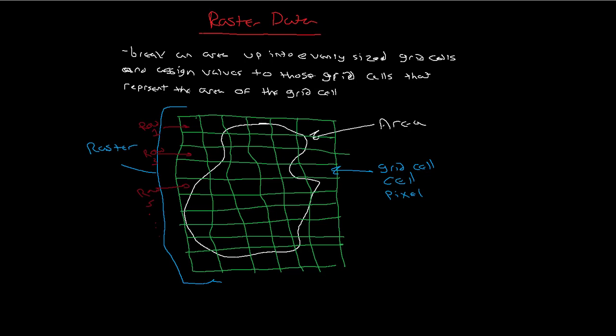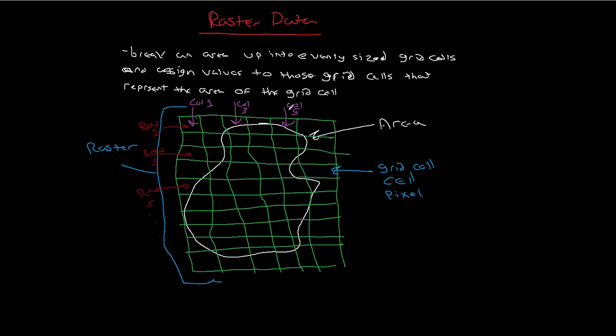It also uses columns. So this would be column 1, this would be column 3, this would be column 5. So all a raster is, is a group of evenly sized grid cells arranged in rows and columns to cover the area.